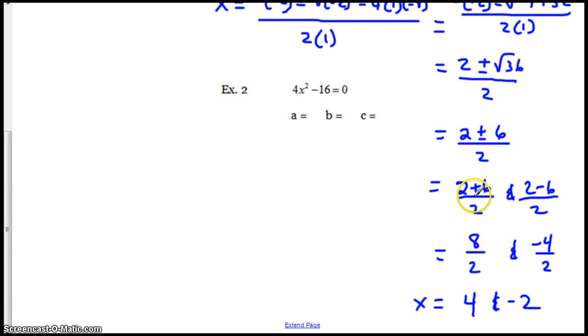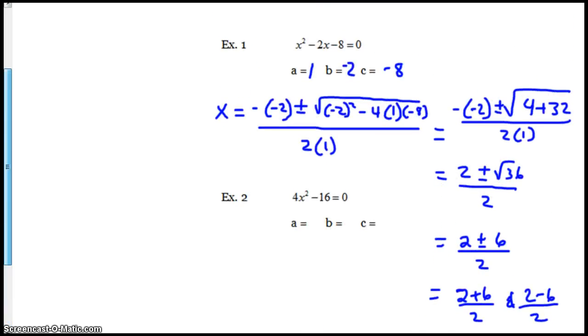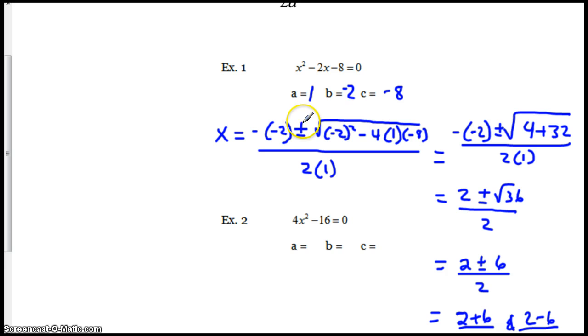So if we write that out, 2 plus 6 over 2 and 2 minus 6 over 2, and then simplify, we would have 8 over 2, which would be equal to 4, and -4 over 2, which would be equal to -2. And notice that the quadratic formula found the same answer as we did with factoring. Notice that these are the same problems.